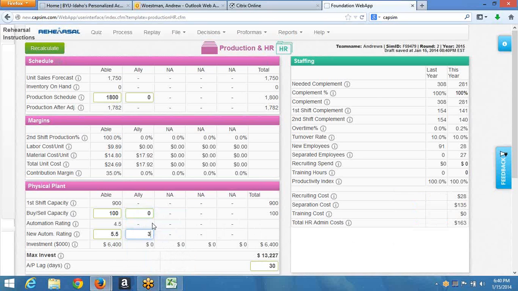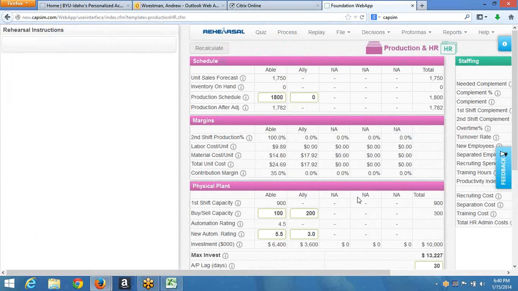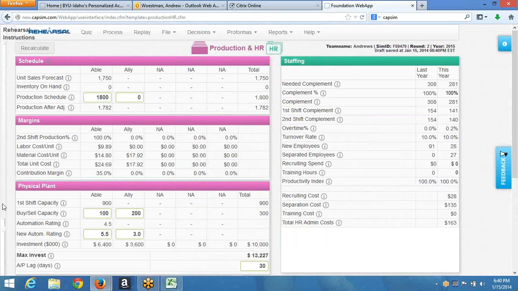I usually like to start my automation at 3, and then whatever money I have left, I put it into the capacity. So I'm going to recalculate at 200, and we'll see where I am. So I have 200. I still have 3,000 left. So I'm going to do maybe 500, see how it goes.